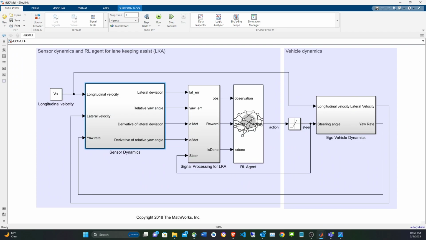Just play it, and when we play it, this is going to have it already open. Let me just run it again. Okay, the simulation finished, so let me bring the plots.